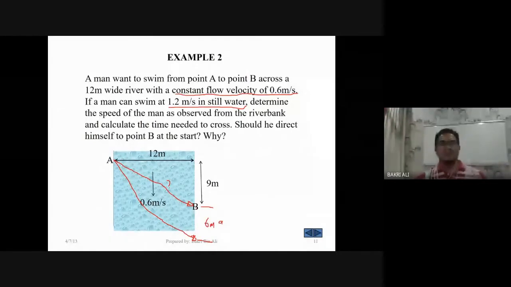So to make sure that he can reach point B, he needs to swim in a relative direction so that the absolute velocity of the current will push him to point B. So this is how we use the relative motion analysis.